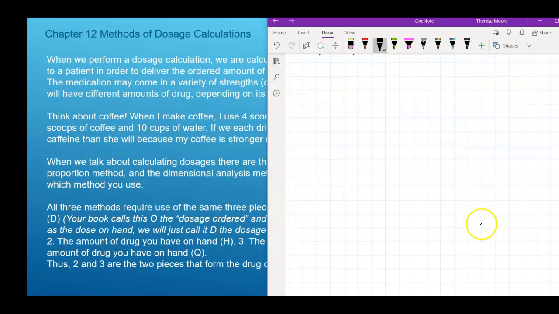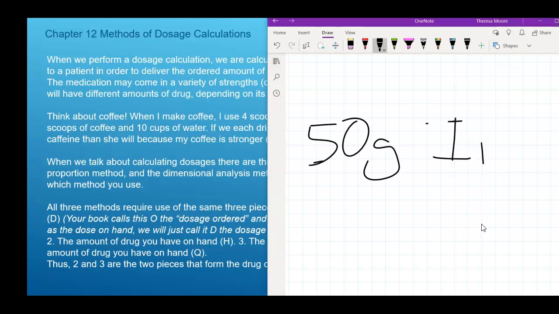Just say, for instance, the doctor orders 50 grams of ibuprofen. The pills you have are 25-gram pills.